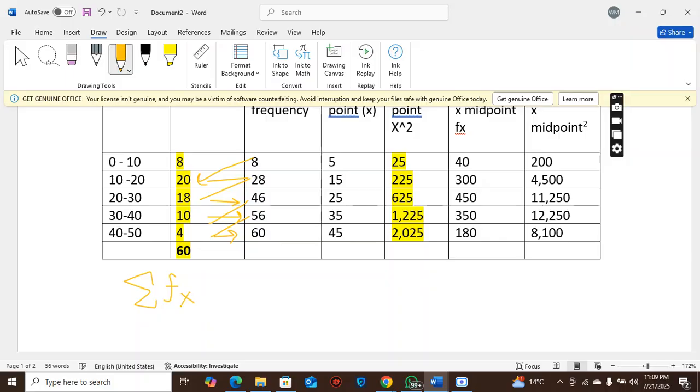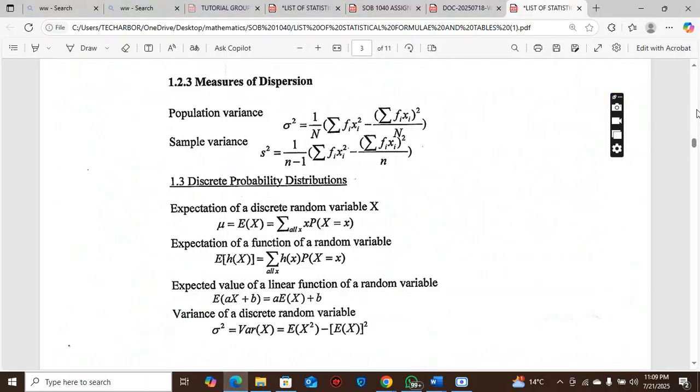Oh, we needed to even get these totals here. Yeah. Summation of frequency. Colleagues, this is the formula for the mean. It is here also.